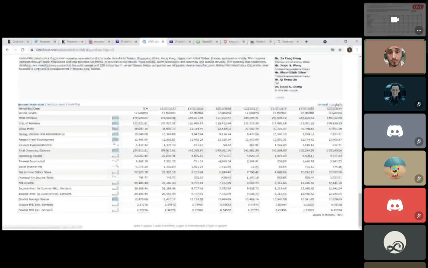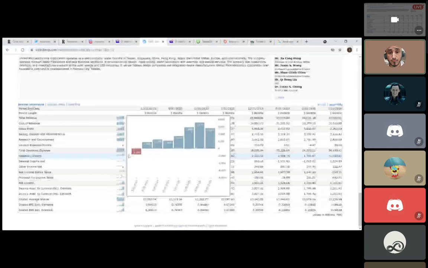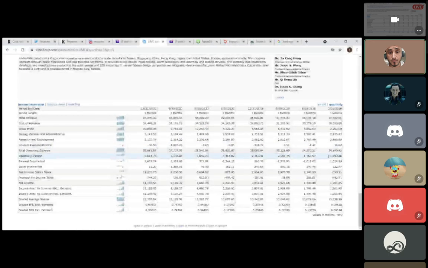We go by quarter. What you will see here is that the revenue of the company is increasing. By 2019, each quarter is increasing. And you will see here that the operating income is increasing.